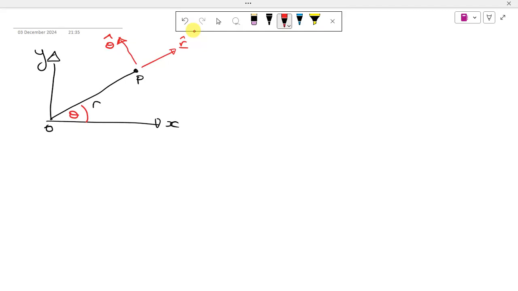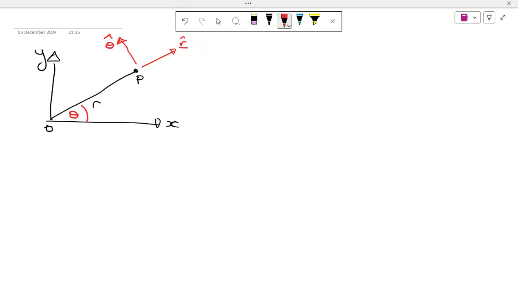So we've got a planet that's joined by a radial vector that makes an angle theta with the horizontal x, and the planet, as it rotates, has a radial unit vector pointing outwards and a transverse unit vector pointing tangentially, which is basically tangent to the orbit at that point.